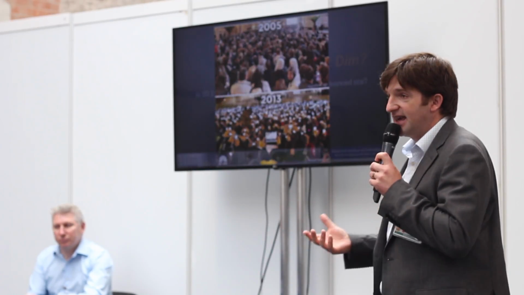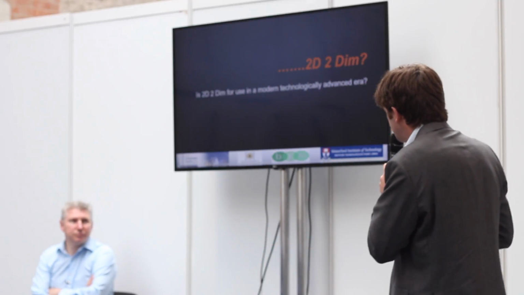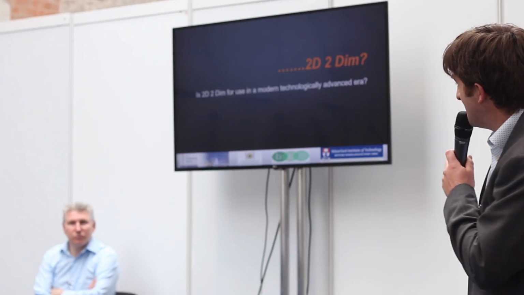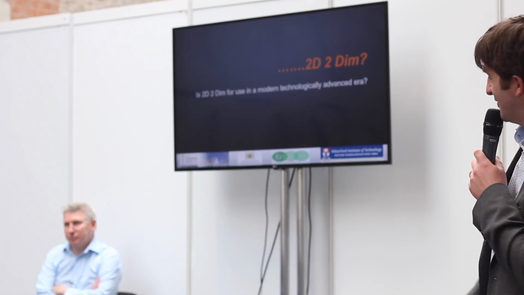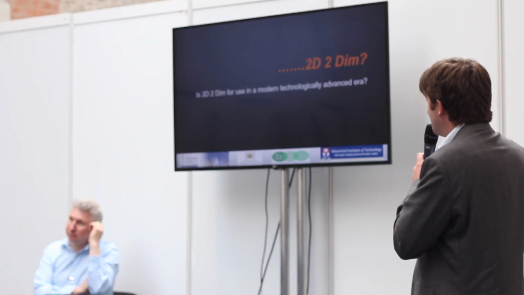So if BIM is about communication, this is how we communicate now. We don't write notes to each other very much anymore. We communicate electronically. So 2D is too dim for modern technology, for a technologically advanced era. Let's find out.